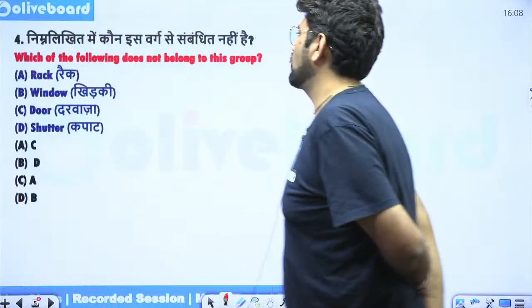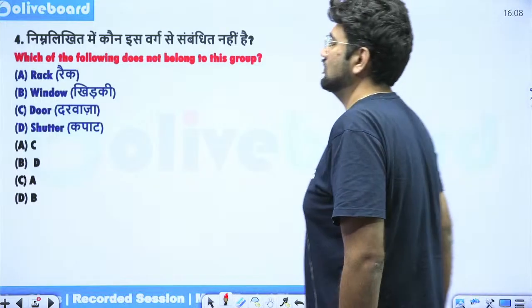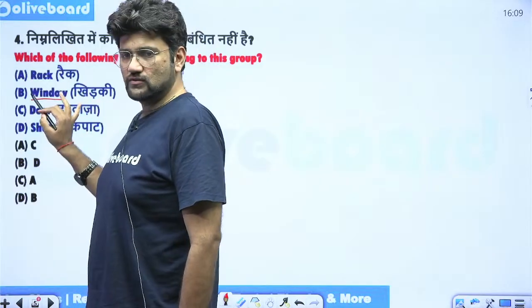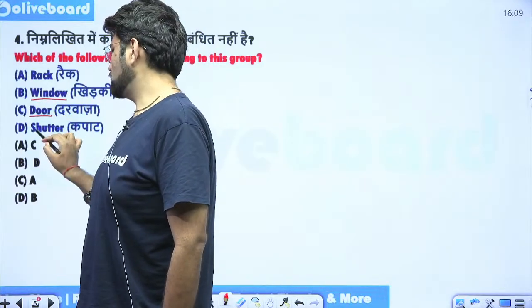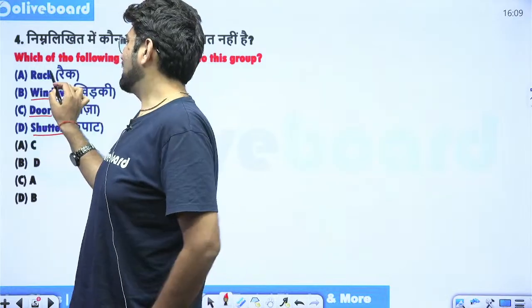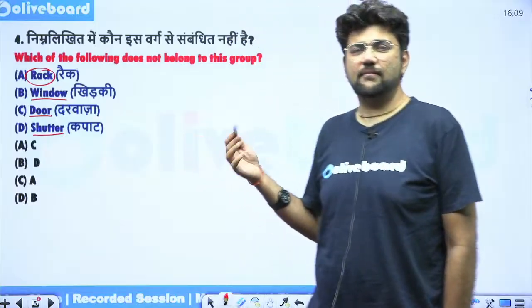Next. Which of the following does not belong to this group? Rack, window, door, shutter. Now see, window is in a house. Door is a part of a house. Shutter is a part of a house only. You can still call it a part of a house. Rack may imply multiple things here.